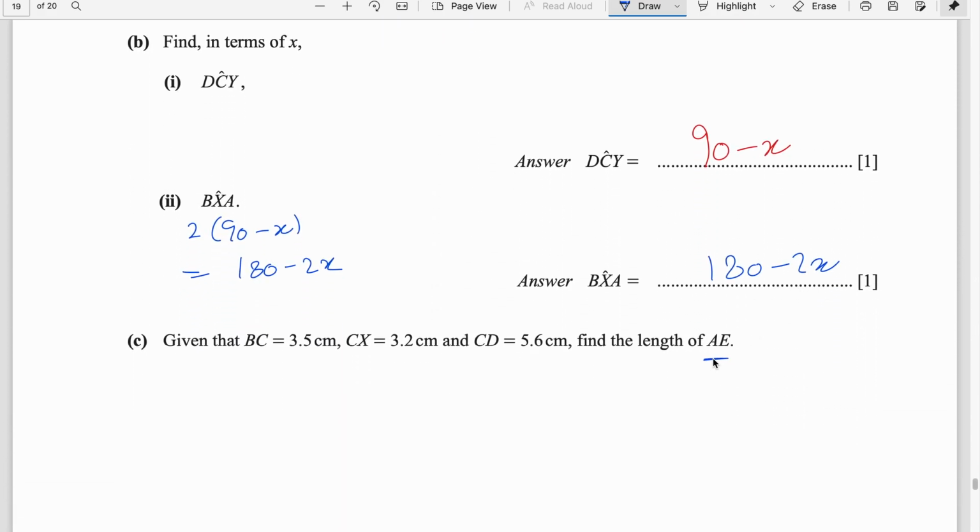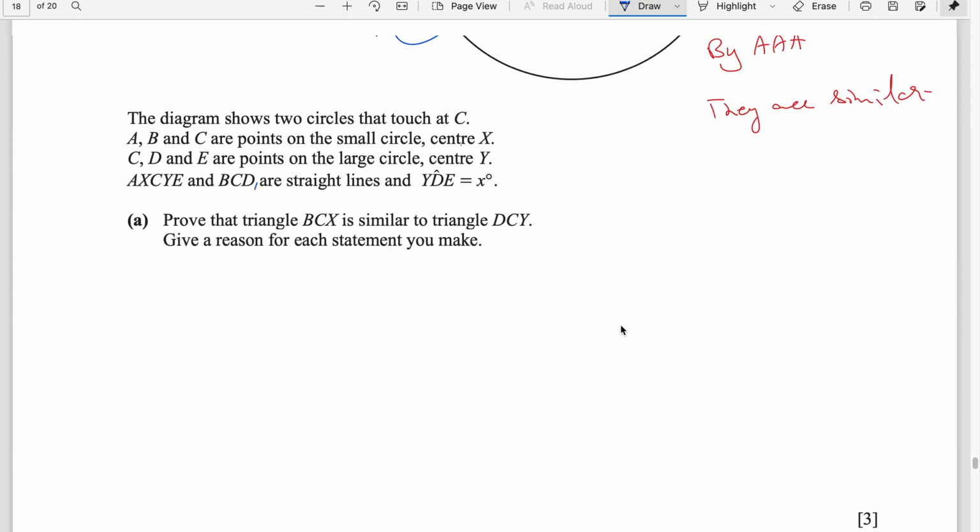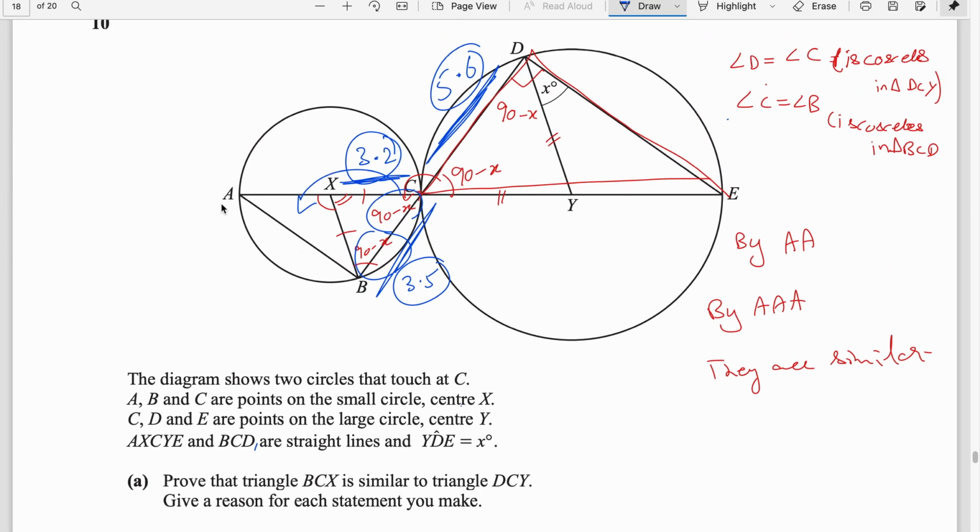And we have to find AE. So this full length is basically AE. For that, I need to know what CY is.